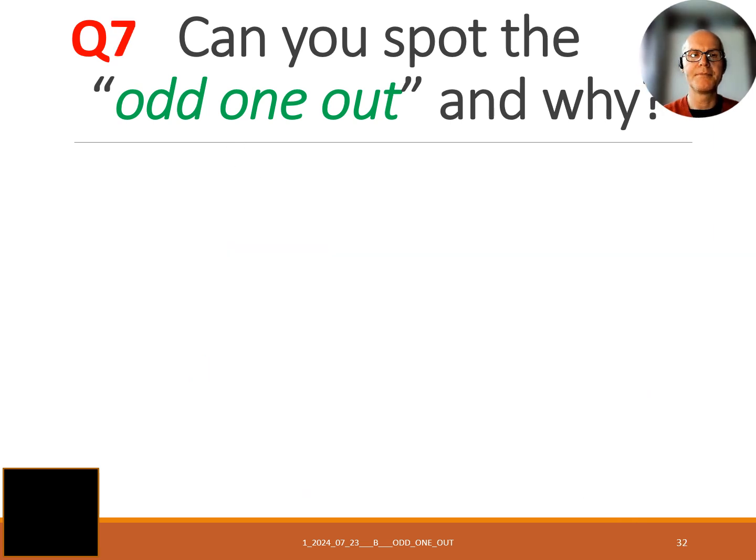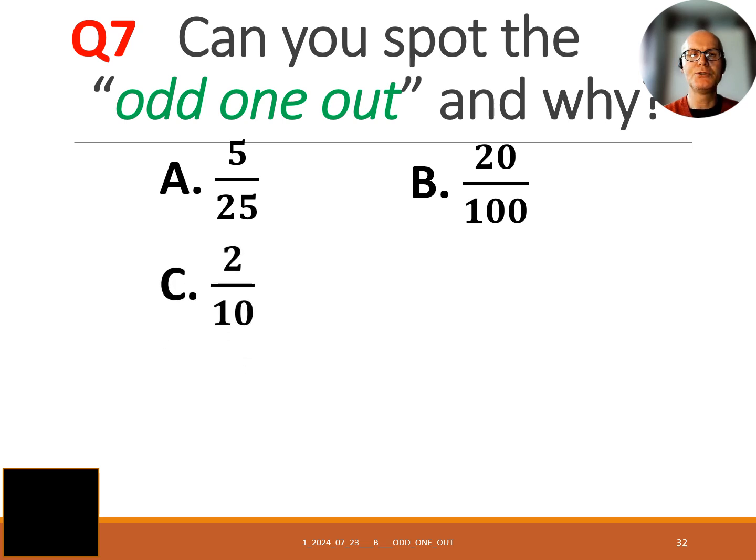Question 7. 5 25ths, 20 100ths, 2 tenths and 6 twelfths. What's the odd one out and why?